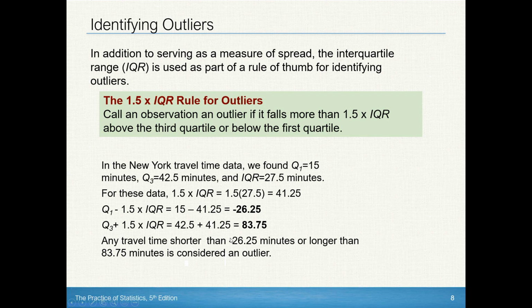So in this case, travel times less than this or more than this would be considered outliers. Obviously, we don't have anything like that on the low end, but we could have numbers that are bigger than 83.75. In fact, we did. If you recall, we had one traveler who commuted 85 minutes to work. We would consider him an outlier, very different than the rest of the data.